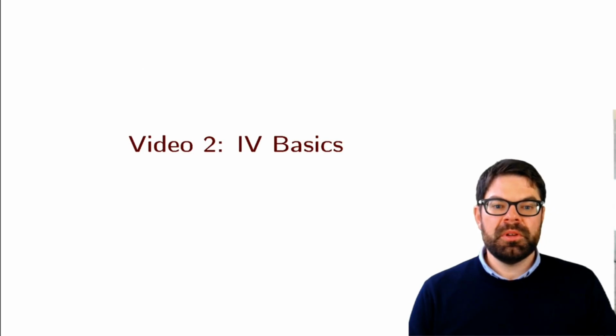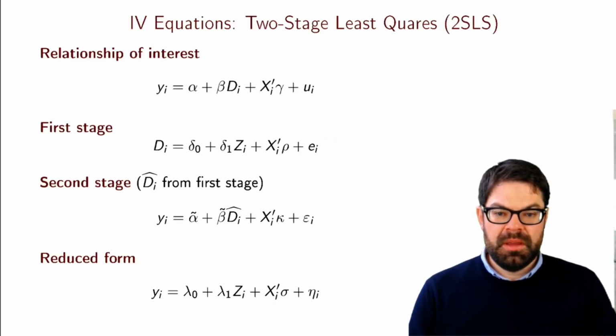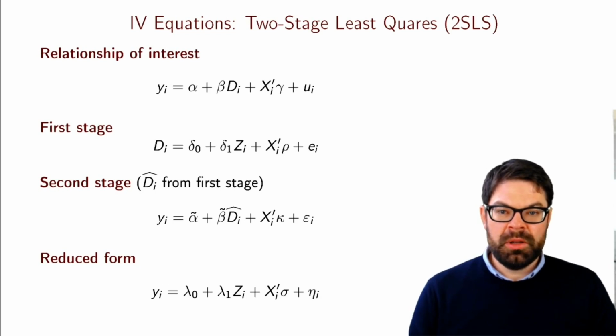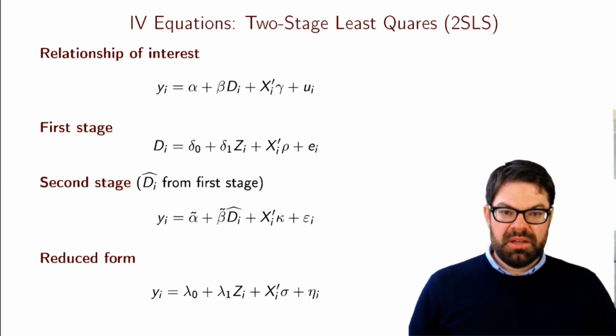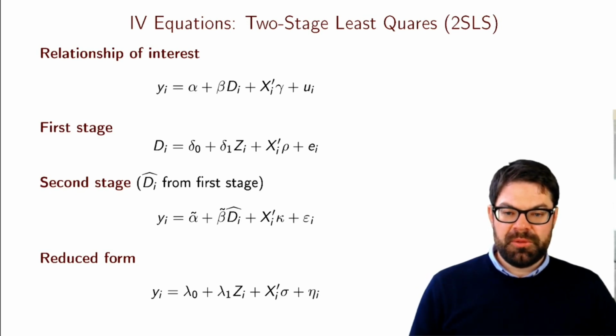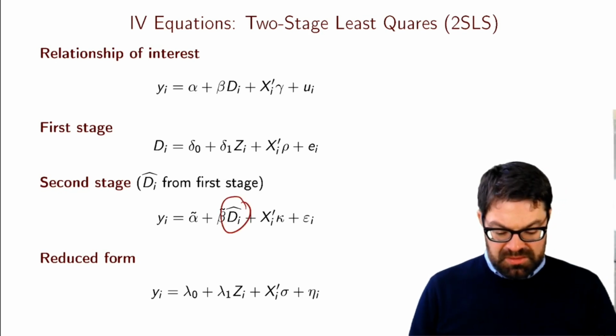In this video, we will continue with the basics of IV. In video 1 of this lecture, we talked first about the general idea of instrumental variables and started formalizing instrumental variables in this way, whereby we have a first stage based on which we predict the treatment.